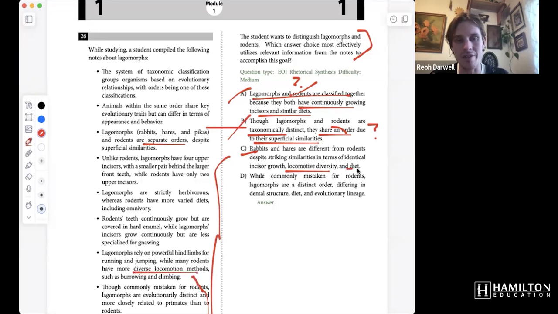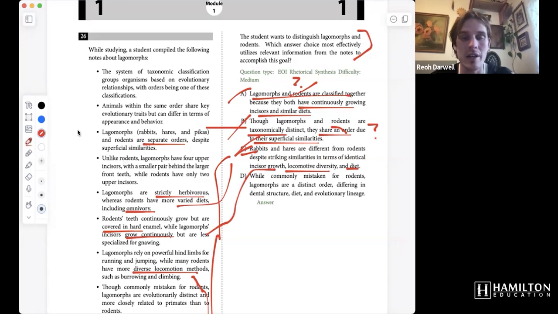Do they have similar diets? No, they have different diets. Do they have identical incisor growth? No. So as such, they're different from one another. They don't have striking similarities in those ways. They have superficial similarities in other ways.